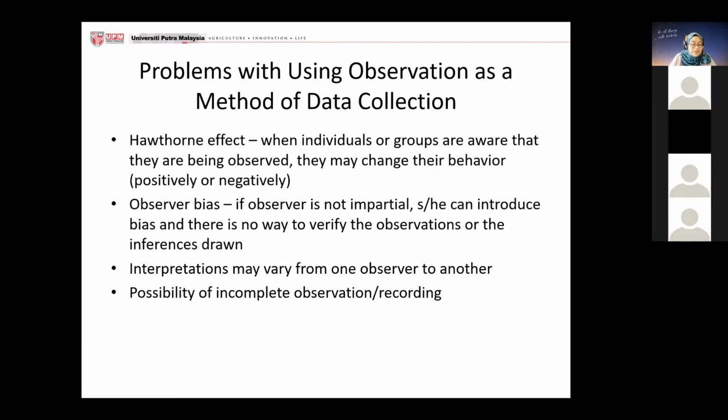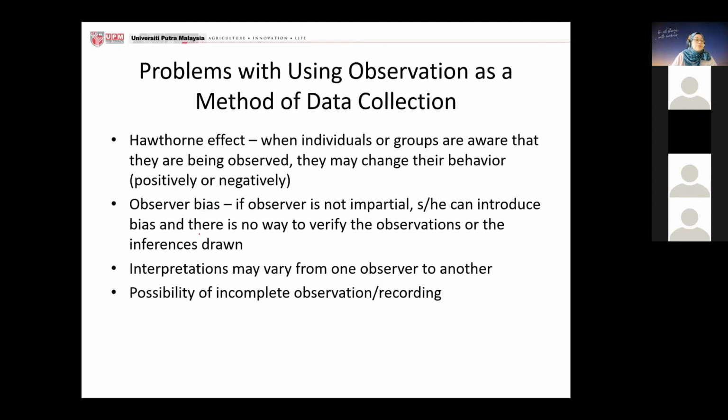At the end of the day, you will report that over a period of 10 days, you observed the students in KPZ recycling, how many times, and so on and so forth. But is that answer correct? Is the data correct? So that is one of the problems, the Hawthorne effect. Secondly is observer bias.